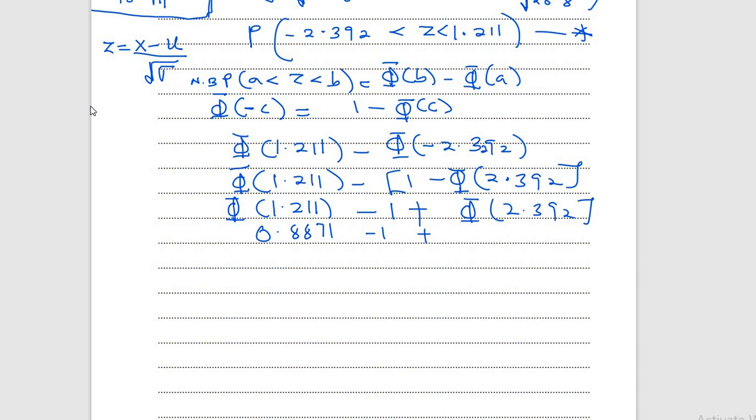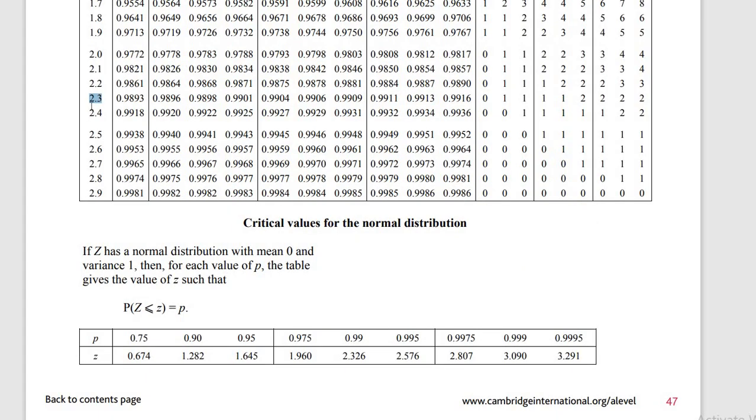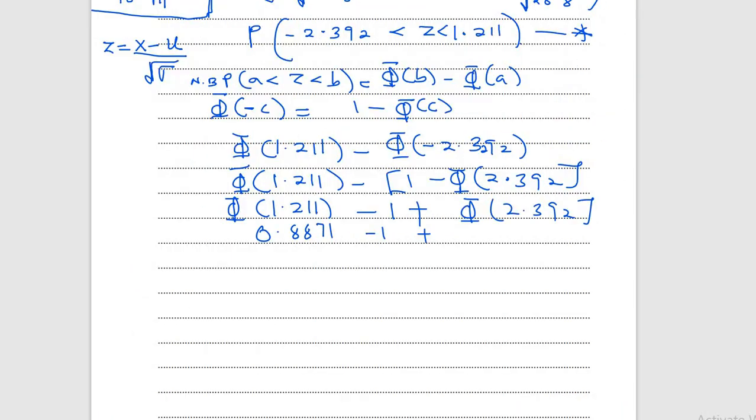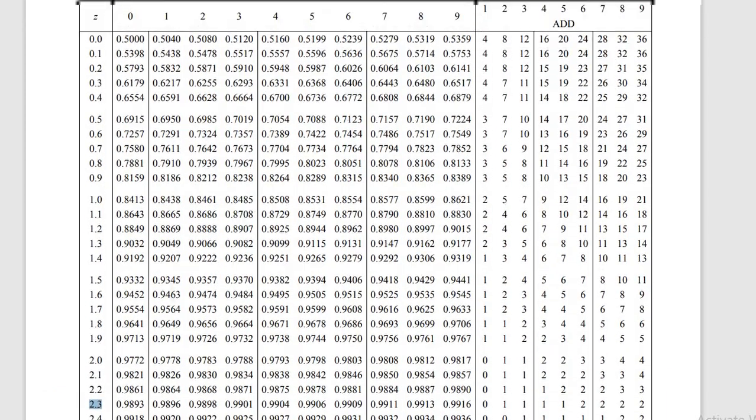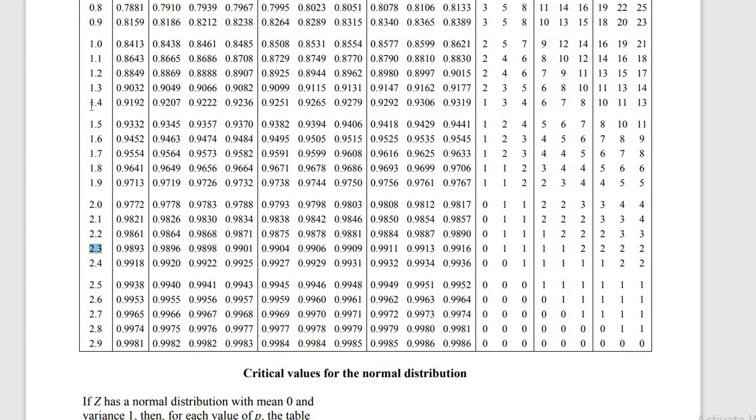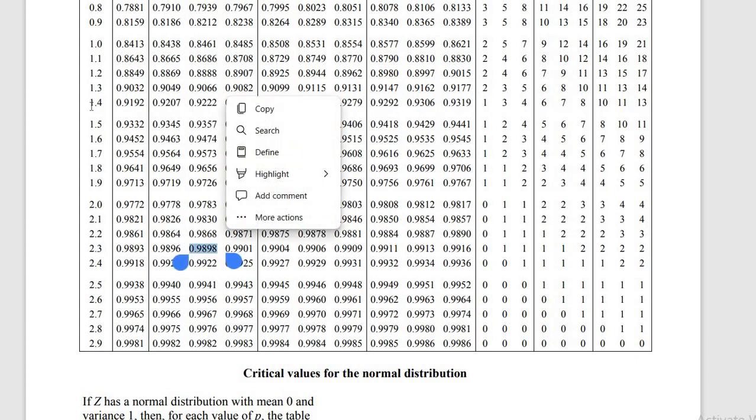So 2.3 under 2 at 9, that's the meaning. This is 2.3 under 2, which gives us 0.9898.